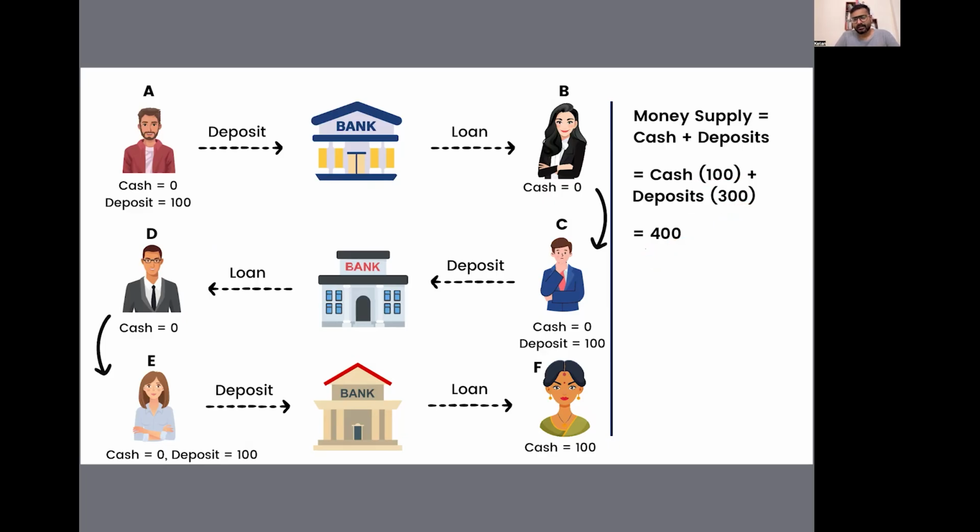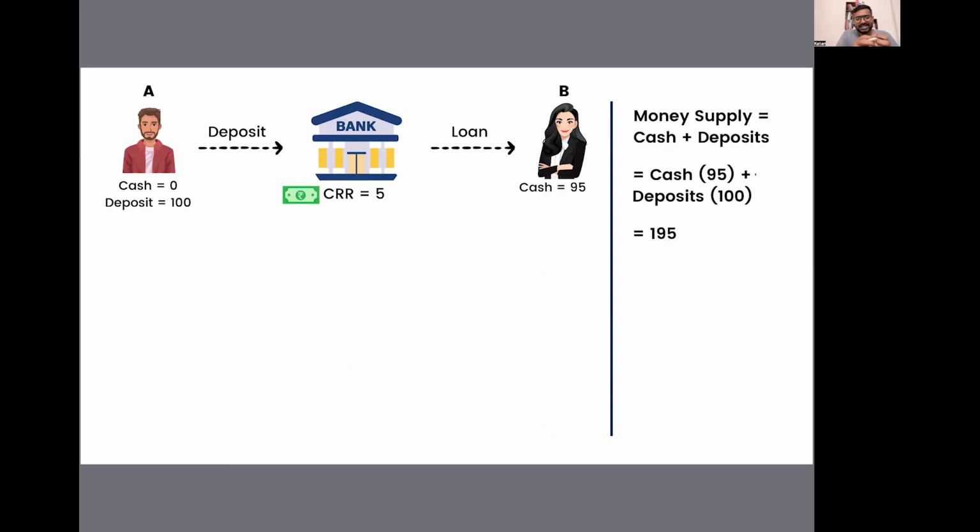And also here we have ignored certain things that is known as cash reserve ratio. When a bank gets a deposit, it has to set aside a certain amount of money as cash reserve ratio, and it can loan out only a smaller portion of the total deposit that it has.